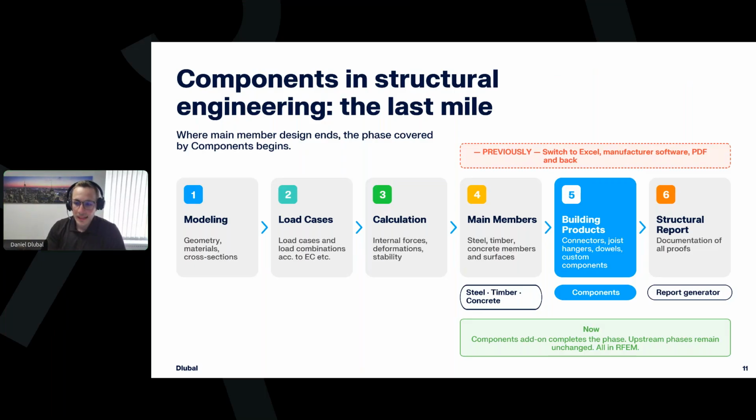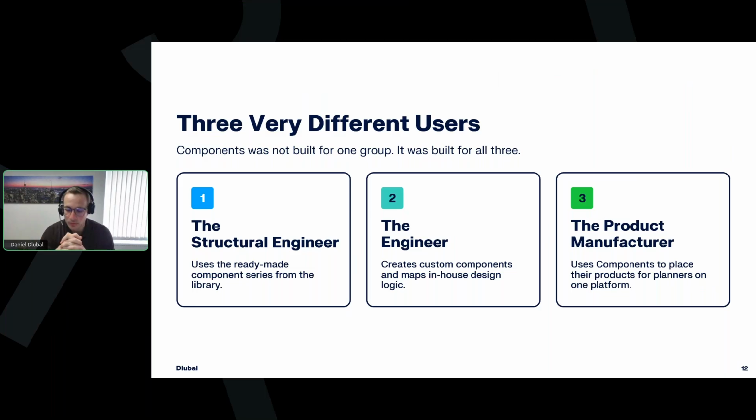result exports. So there are 3 user groups we would like to address. The one is the structural engineer, who is just using the already made components and building products like joist hangers from the library.